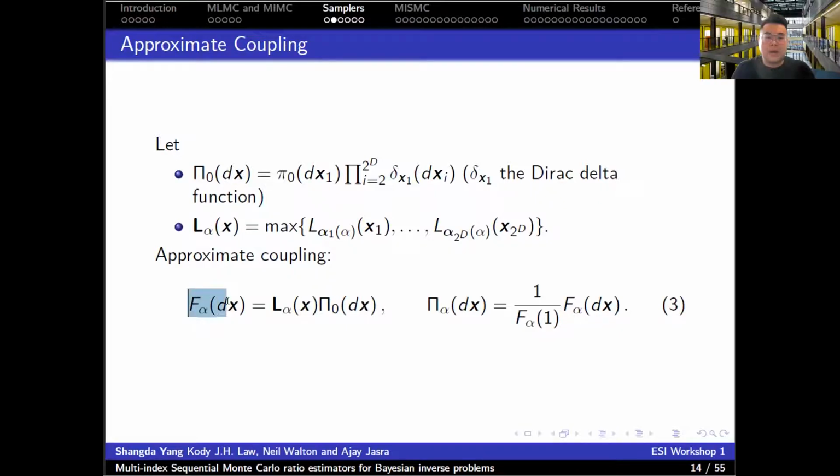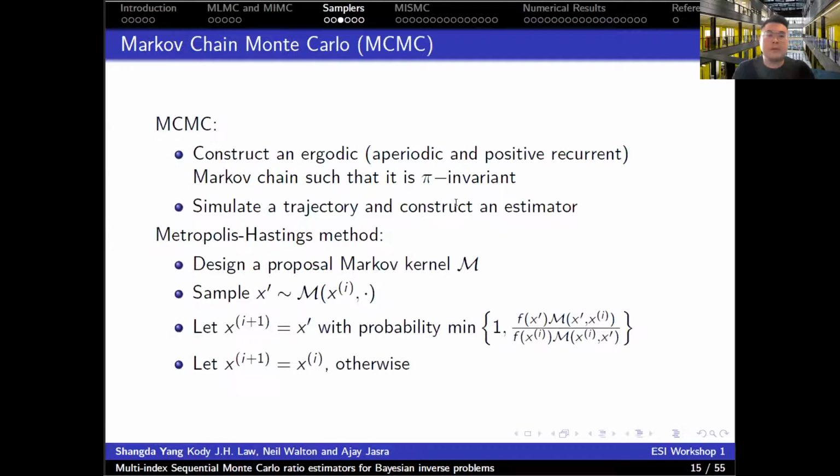The unnormalized target is L alpha times pi 0, and the normalized target is pi alpha equals f alpha divided by f alpha 1, where f alpha 1 is the corresponding normalizing constant.